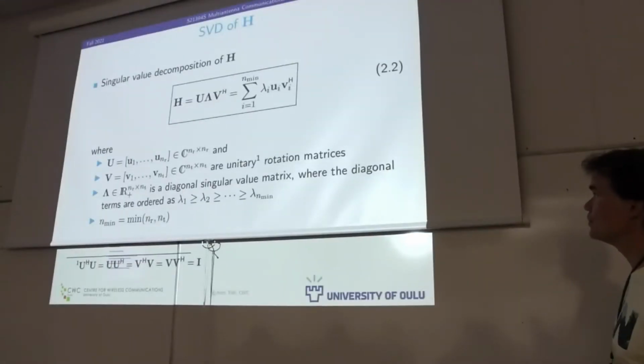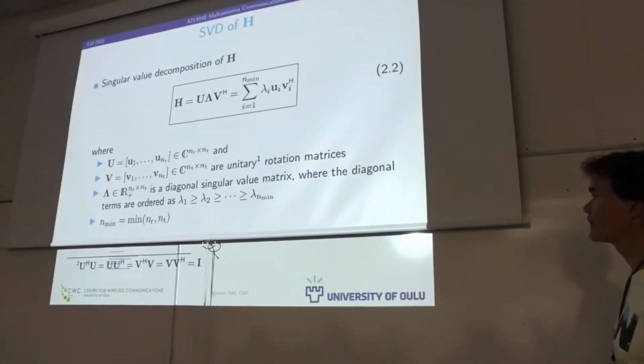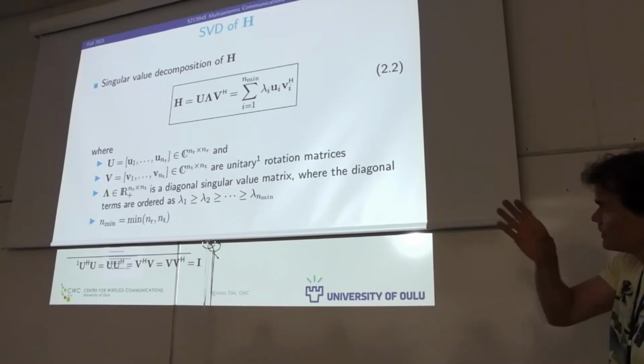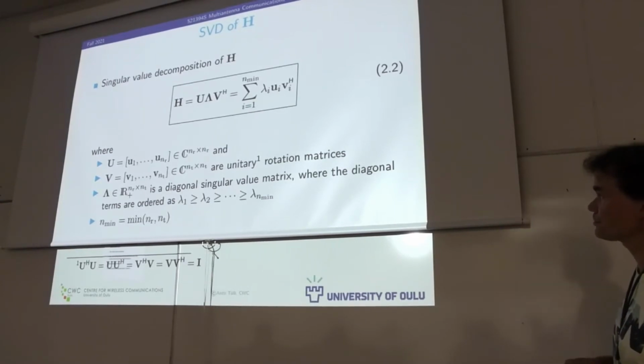Okay, so given any matrix, we can decompose it using singular value decomposition. We can decompose matrix H to be a multiplication of left singular vectors times a diagonal singular value matrix and a set of right singular vectors.